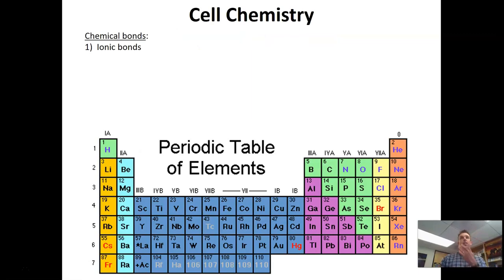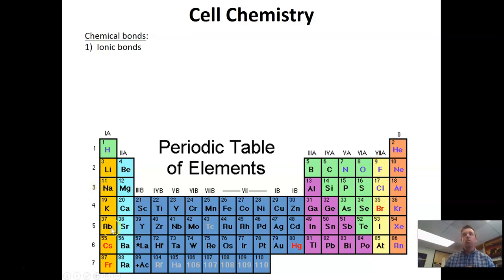All right, so let's talk about ionic bonds. We already talked about what an ion is. An ion is created when an atom either gains an electron, and if it gains the electron, remember it's going to be negatively charged, or if the atom loses an electron, in which case it'll be positive charge. Over here, we tend to gain an electron and get a negative charge.